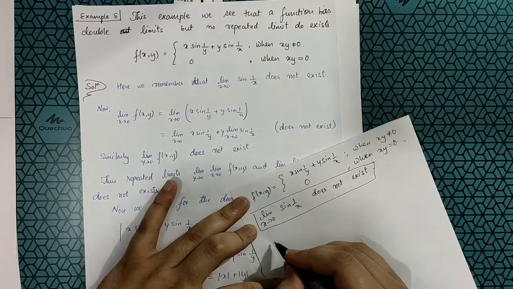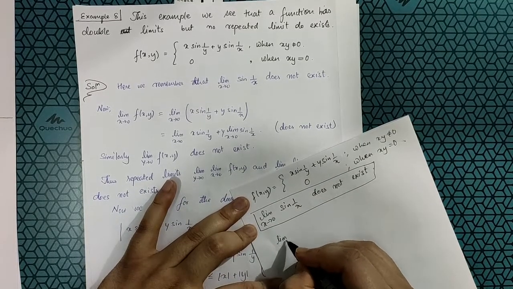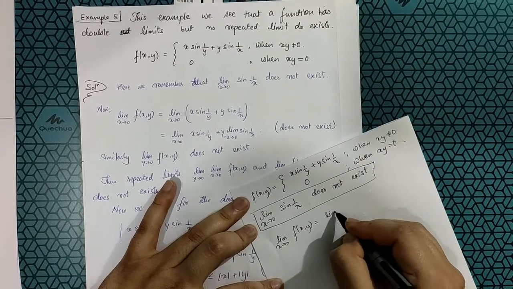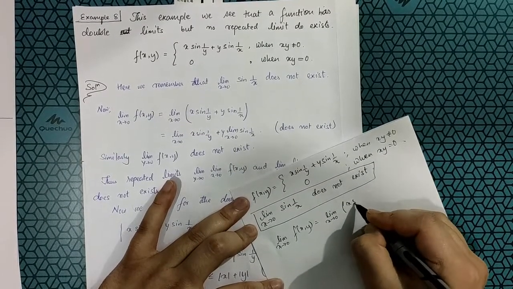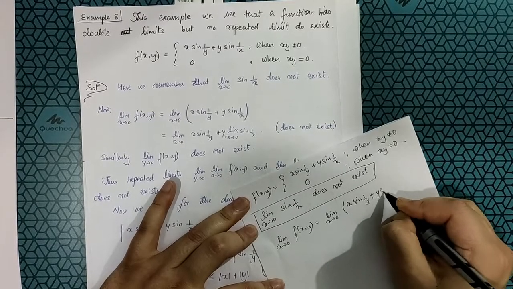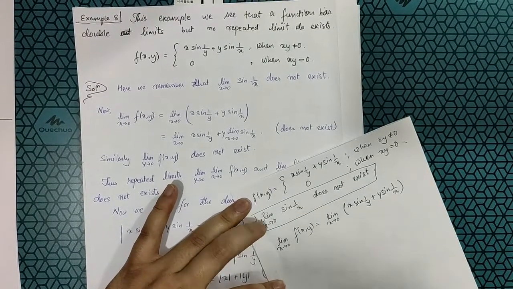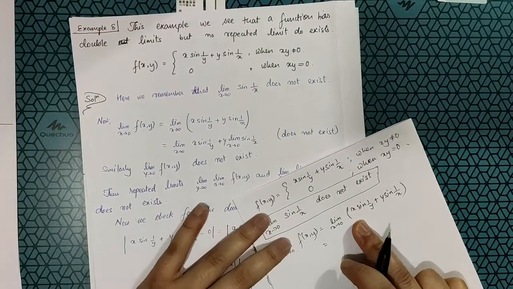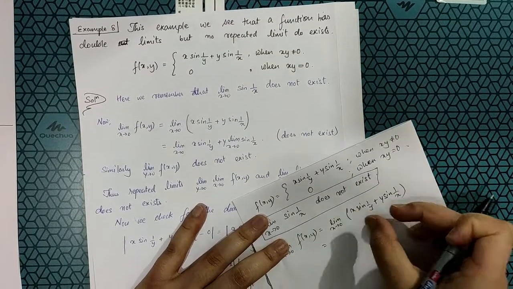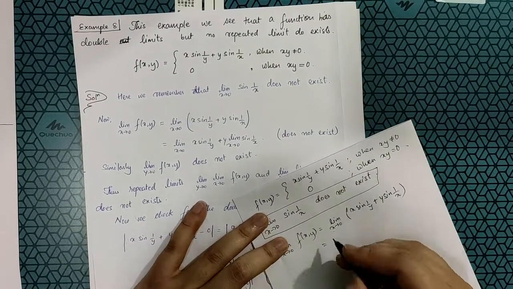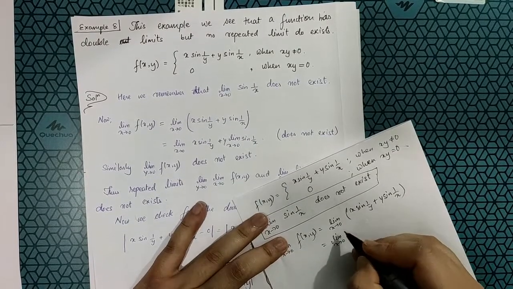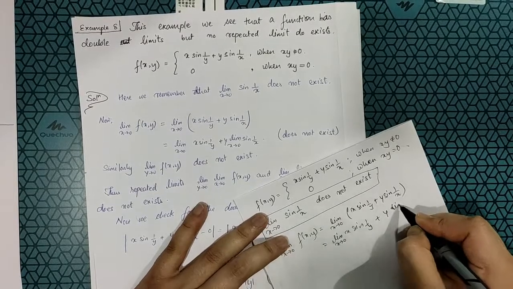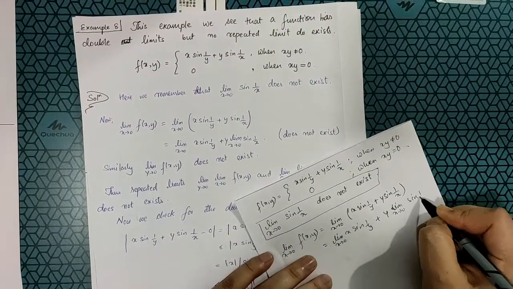So now we have limit x tends to 0 of f of x, y, which is limit x tends to 0 of x sine 1 by y plus y sine 1 by x. By the algebra of limits, we can take the limit inside, and what we get is limit x tends to 0 of x sine 1 by y plus y times limit x tends to 0 of sine 1 by x.